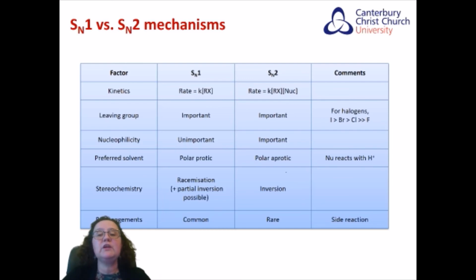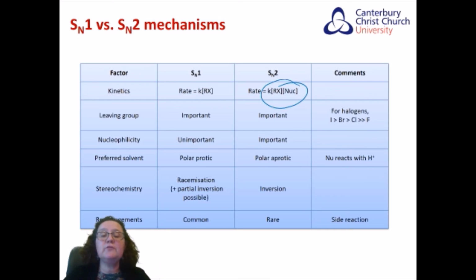Iodine is a better leaving group than bromine, a better leaving group than chlorine, and fluorine is last in the chain. The nature of the nucleophile is particularly important in an SN2 reaction because it is going to be part of the kinetics of the reaction.